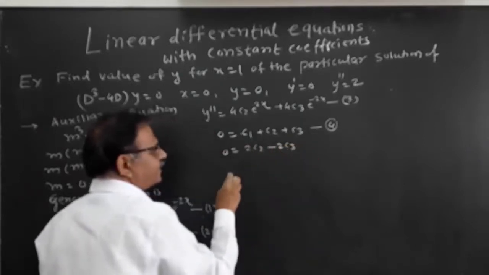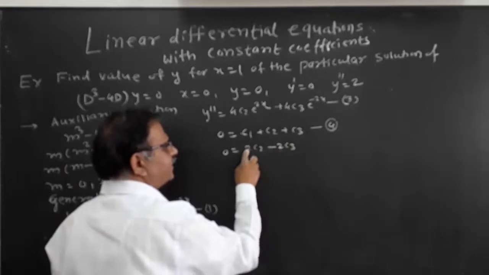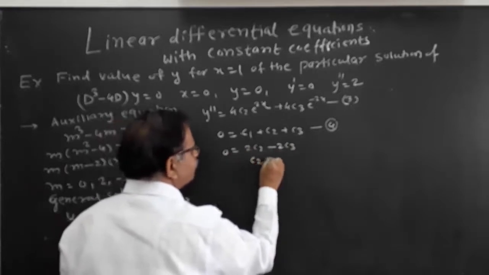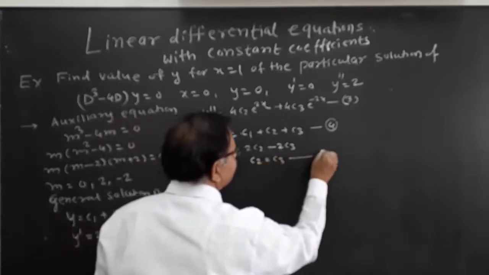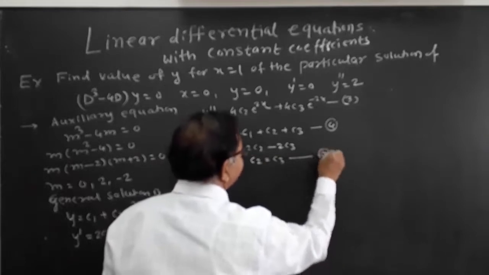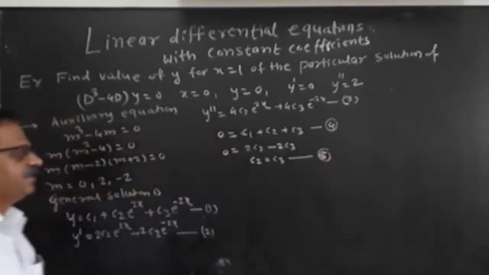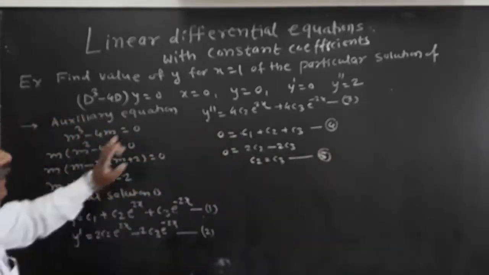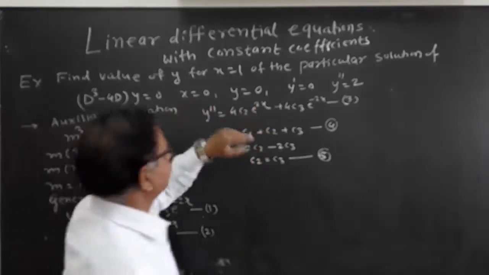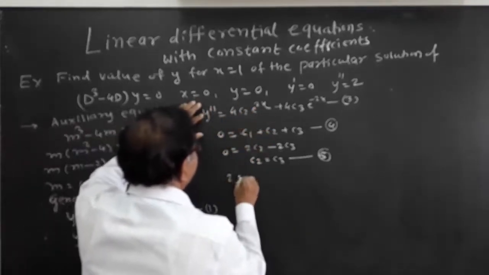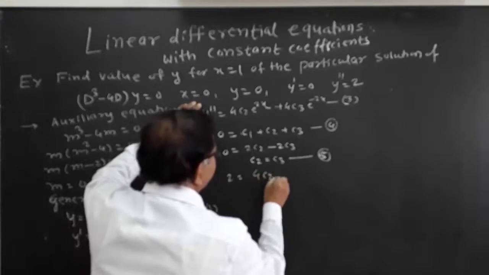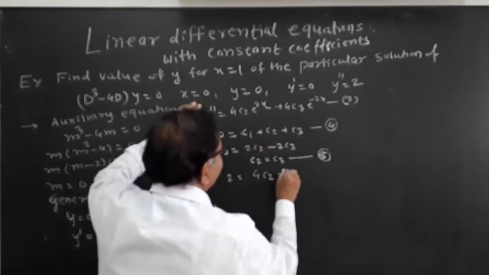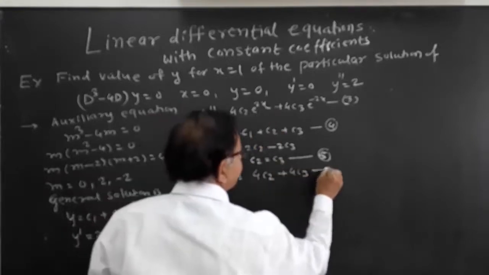Taking 2 common and cancelling, we get C2 equal to C3. This is equation 5. When x equal to 0, y double dash equal to 2. Therefore, 2 equal to 4C2 e raised to 0, that is 1, plus 4C3. Equation 6.